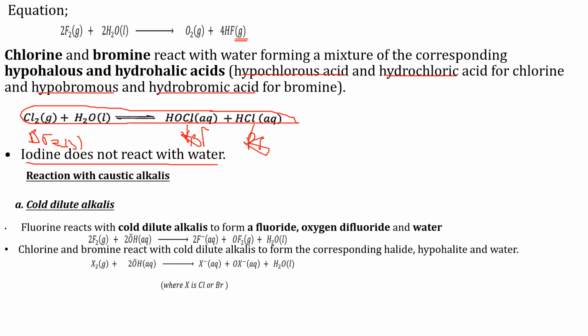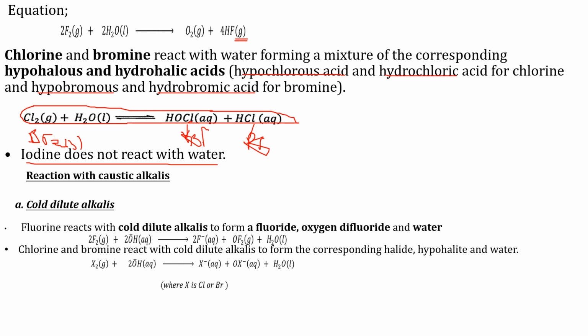So why does fluorine exist as a gas whereas iodine exists as a solid? The reason is that both of them have simple molecular structures and they are held with weak van der Waals forces of attraction, which depend on their molecular size. But fluorine, having the smallest atomic radius with its highest electronegativity, has a very low molecular size. So the van der Waals forces of attraction holding its structure are very weak.